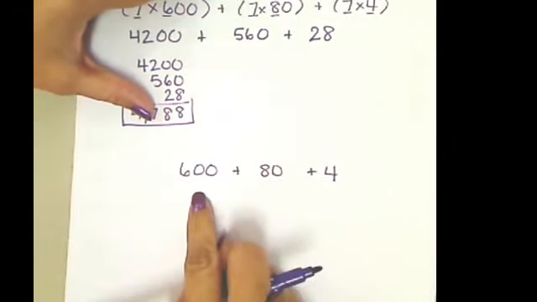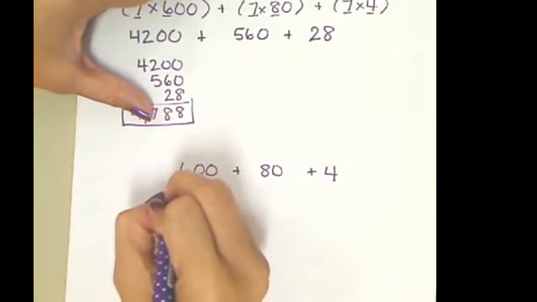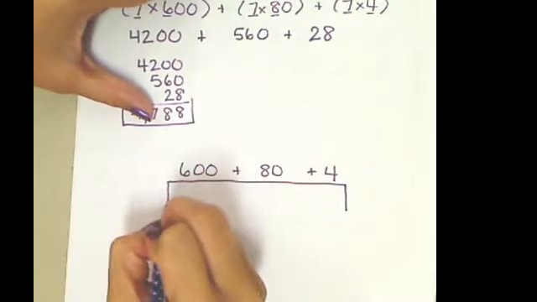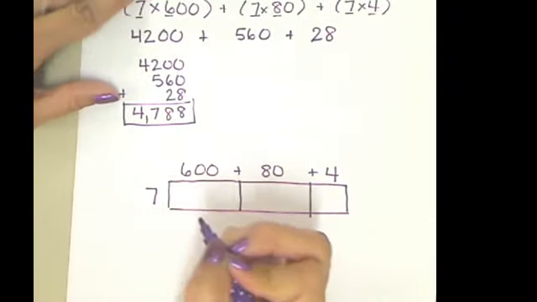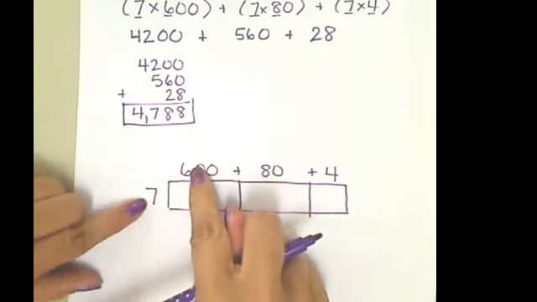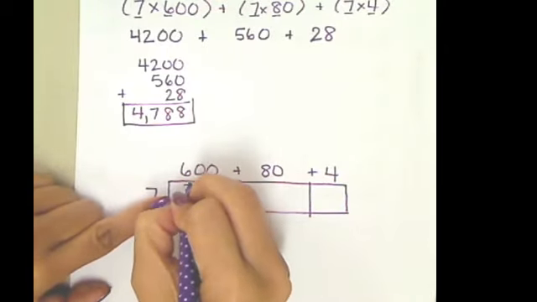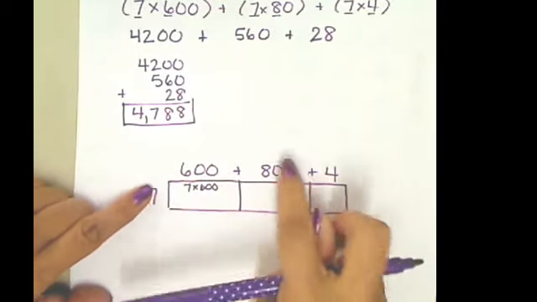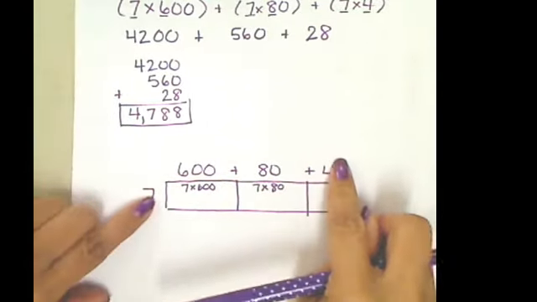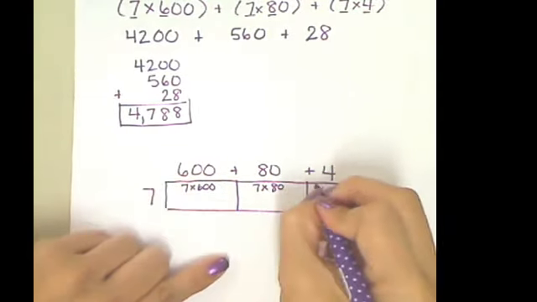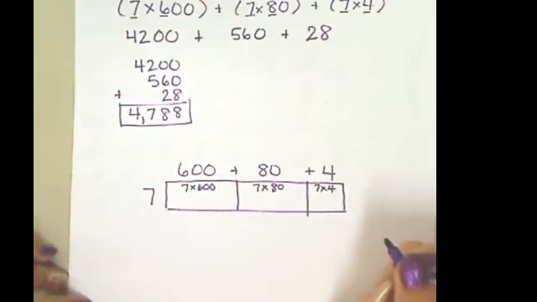Because I expanded it this way, I'm going to need 3 boxes. And I'm going to multiply everything times 7. So 7 times 600 is my first problem. 7 times 80 is my next problem. And 7 times 4 is my last problem.